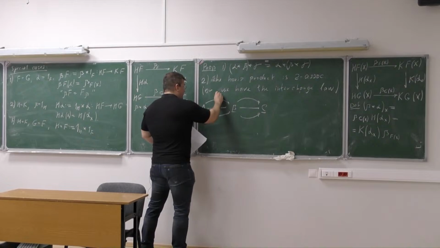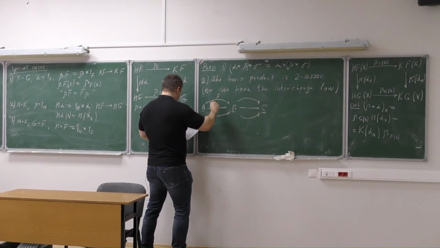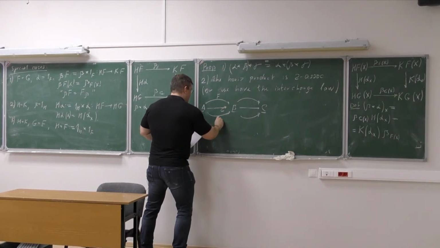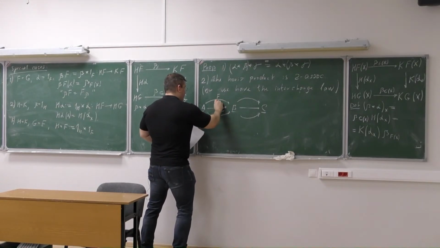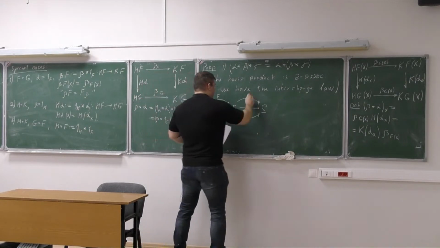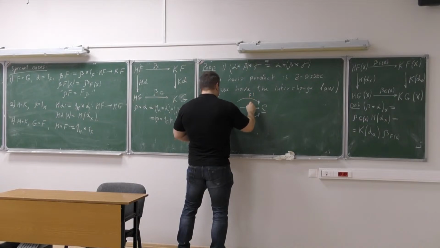So let me call this functor F, this will be functor G, and this will be functor H. And then between these functors I have natural transformations, alpha and beta.